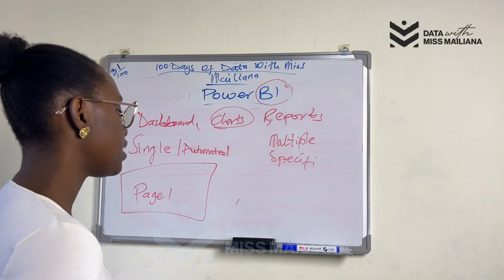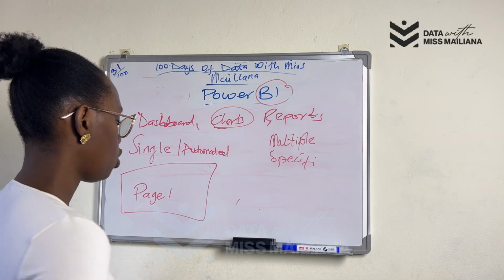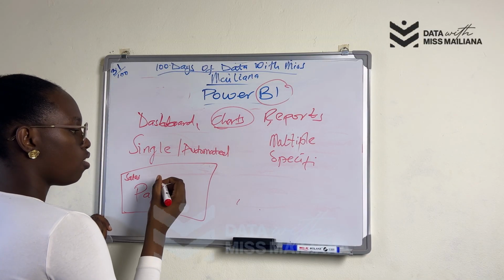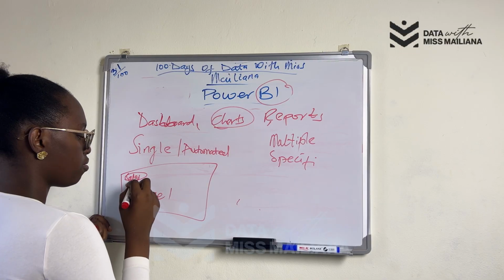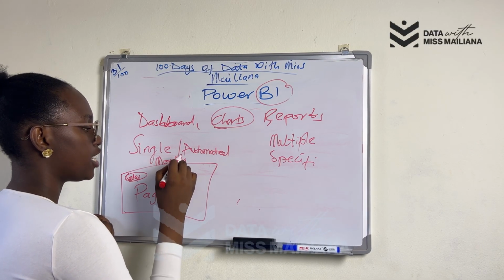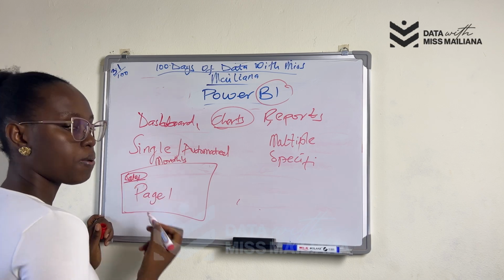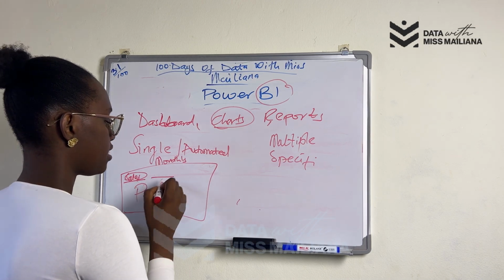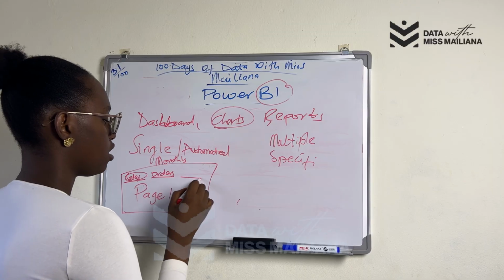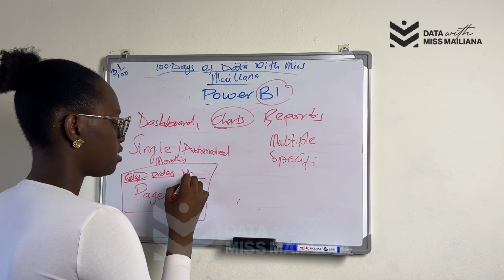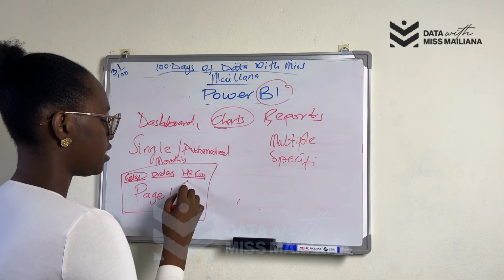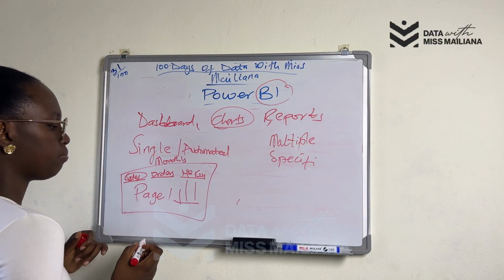So maybe at the beginning of your business, you want to see the sales that comes in daily or monthly, right? So you may have a monthly dashboard that will show your sales per month, orders that came in, and maybe number of customers that came in, right? And you may have some charts also happening here, right?